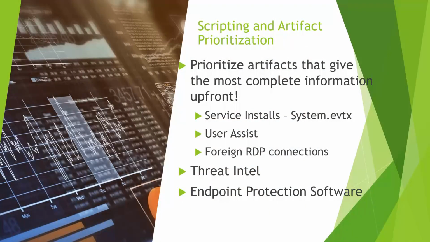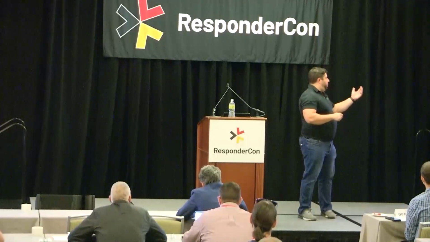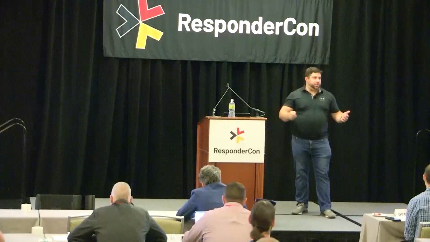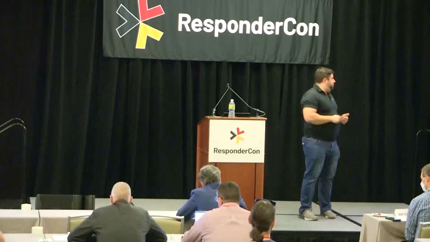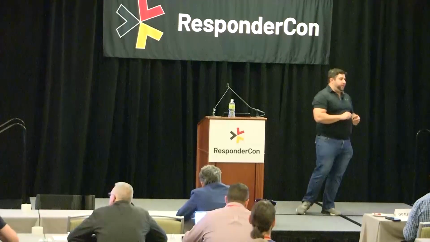Threat intel. Sometimes you have no clue, but the good thing about ransomware is they want it to be found and they want you to know who they are, so you can go look up some of the threat intelligence. Go figure out, okay, how do they usually get in? How do they move laterally? I did that once, and I found that they tend to use an executable called EFSPotato.